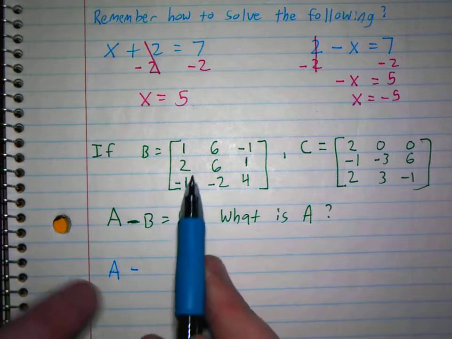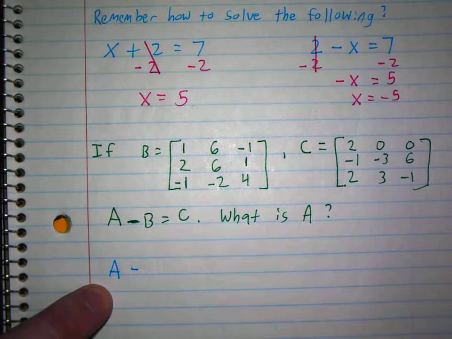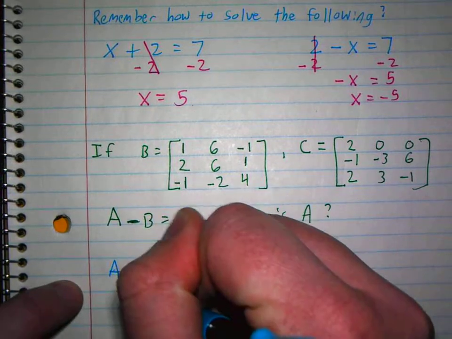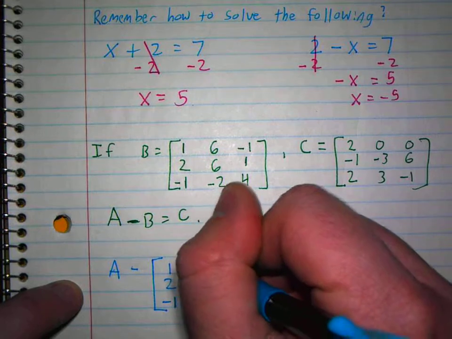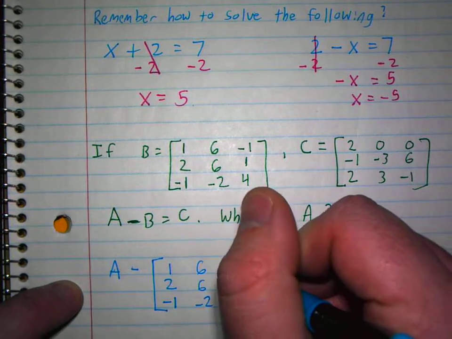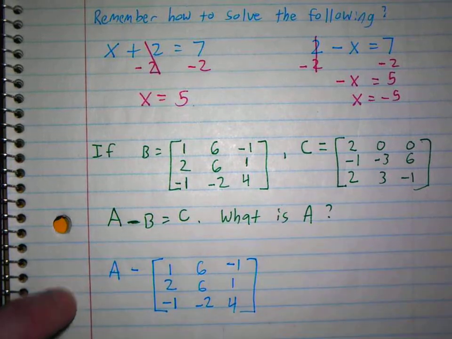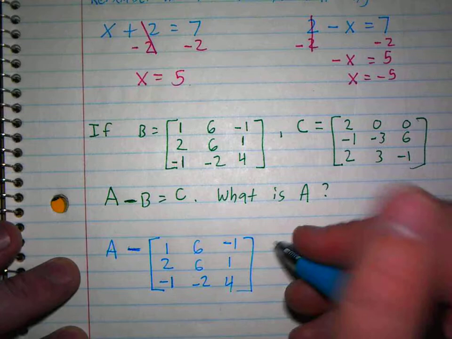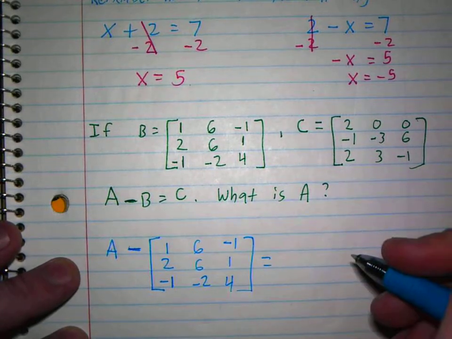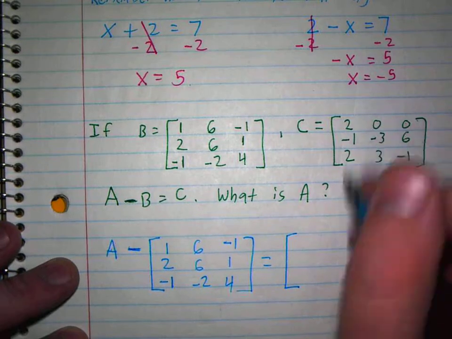B is 1, 6, negative 1, 2, 6, 1, negative 1, negative 2, 4, right? So A minus that equals, do we know what C is? C is this one, right?